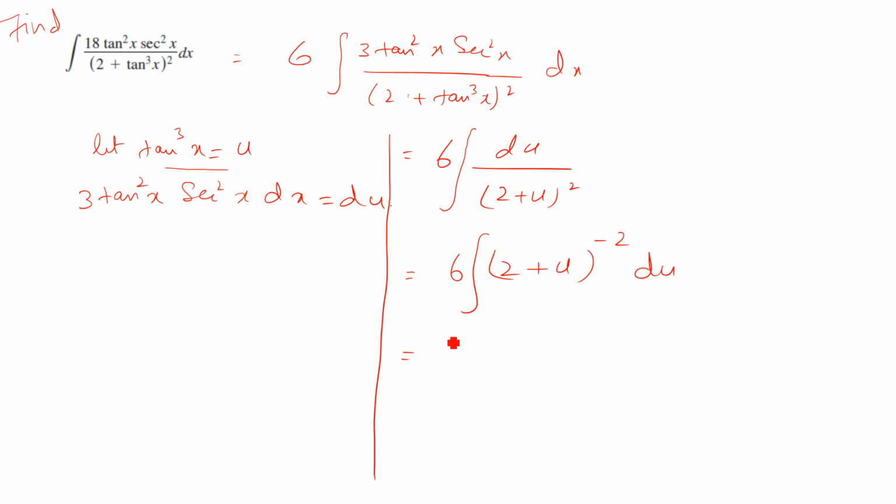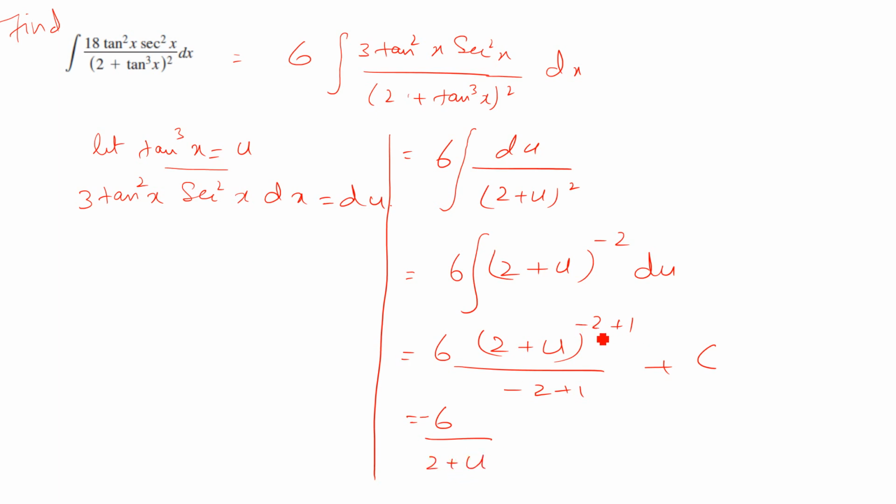Now apply the power rule for integration. 2 plus u to the power minus 2 plus 1, divided by minus 2 plus 1, plus c, of course, and this becomes 6 times that.